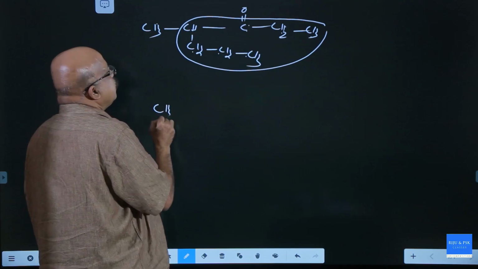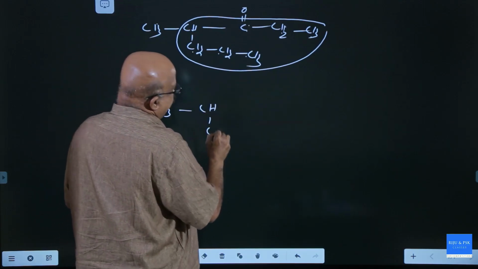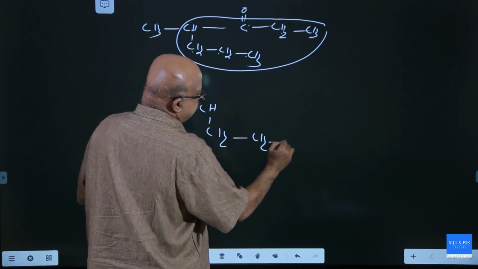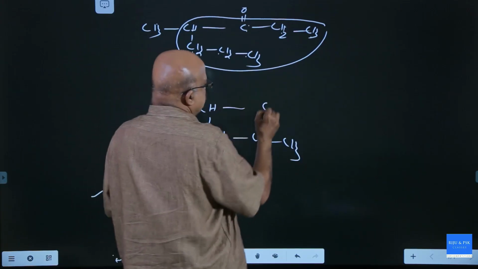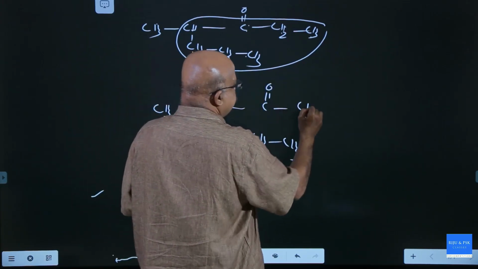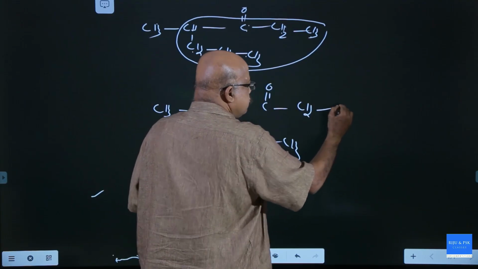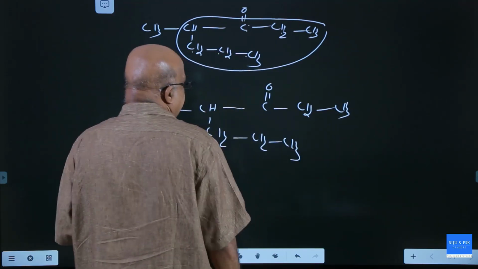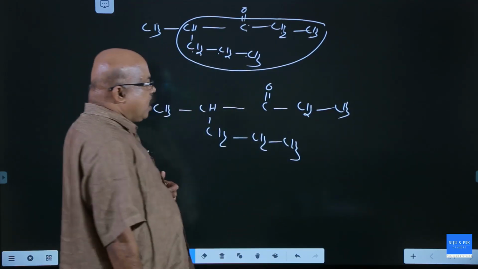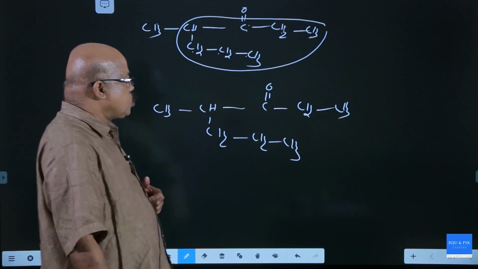Start numbering from one of the ends in such a way that CO group gets the lowest possible number.